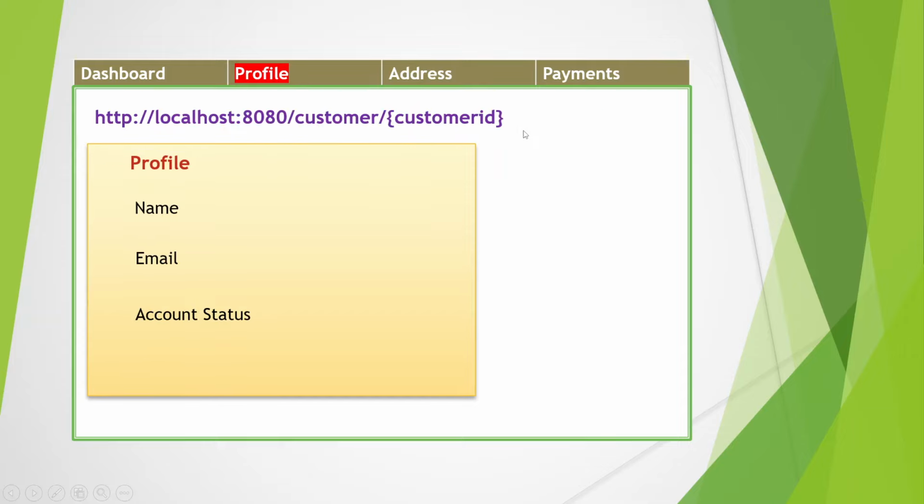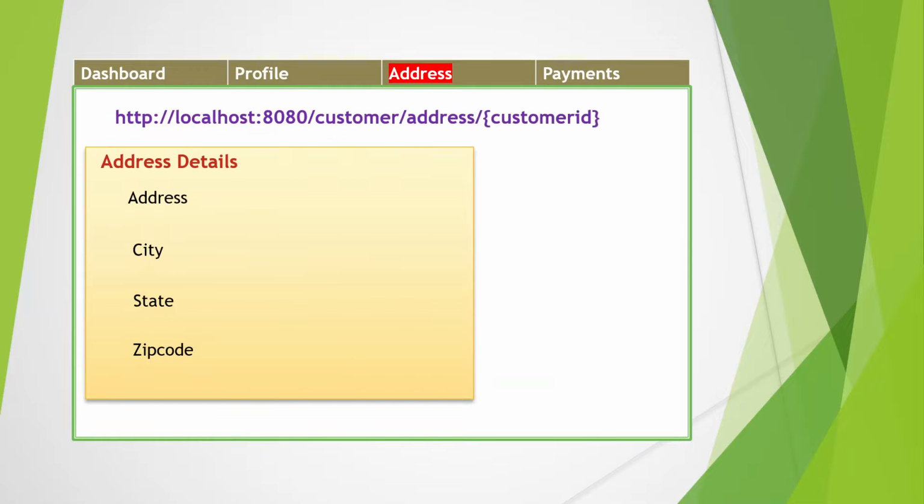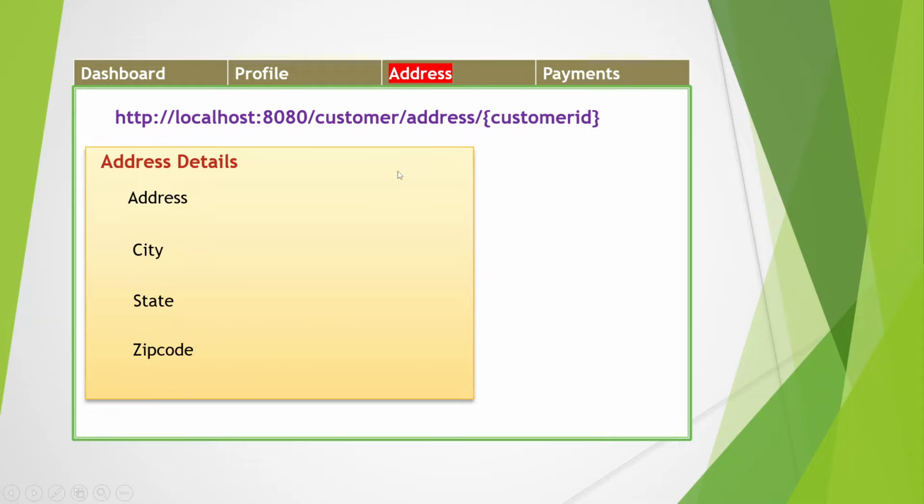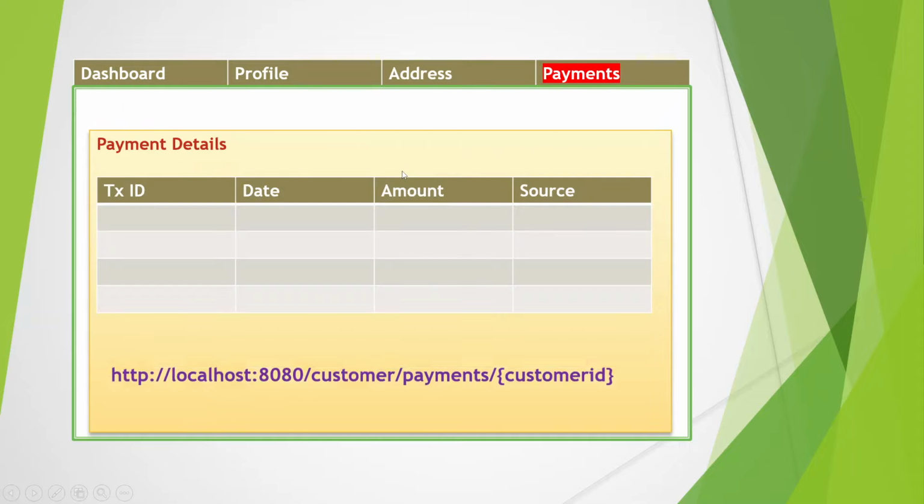So customer ID is the only parameter in all these microservices, and also, if you look closely, one service is not dependent on the response of another service. For address, we just need the customer ID. We are not relying on the response of the profile service. Similarly, for payments, we need only the customer ID.